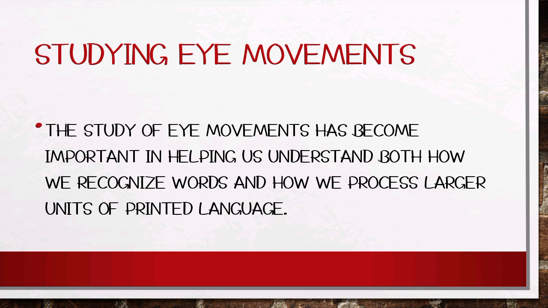For example, researchers have found that we fixate longer on unfamiliar words or words with unusual spelling, suggesting they require more processing time. In essence, eye movement provides a window into the real-time cognitive processes involved in reading. It allows us to observe how our eyes move in response to the challenges and complexities of written language.